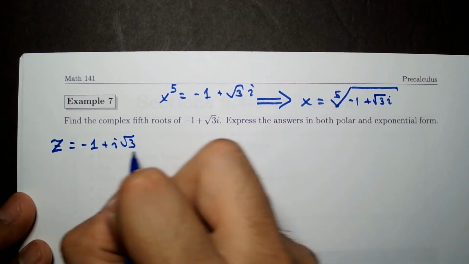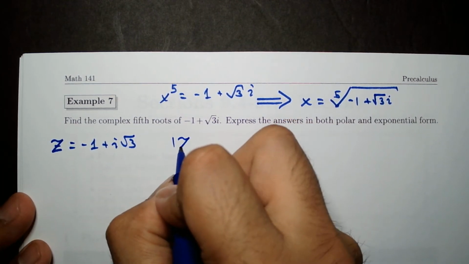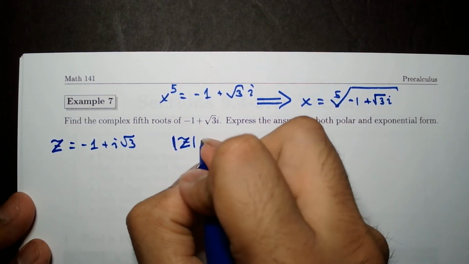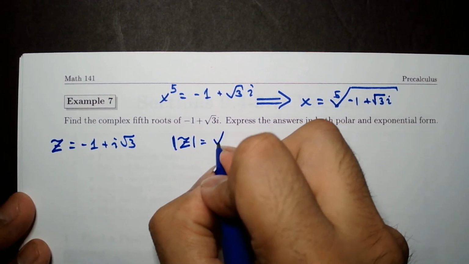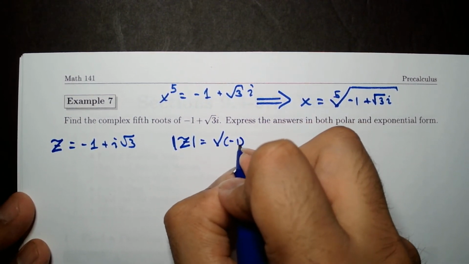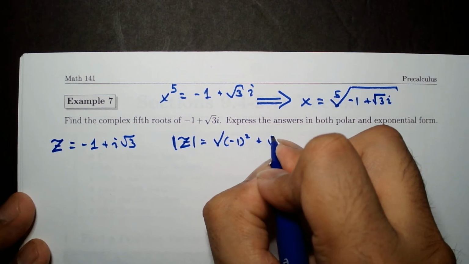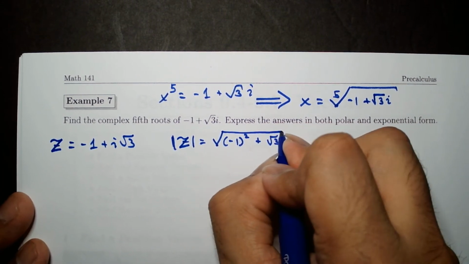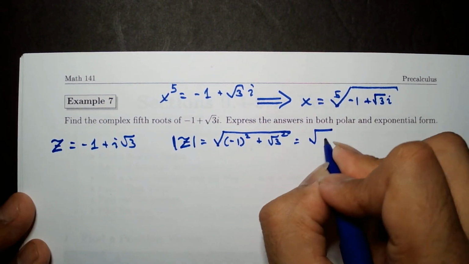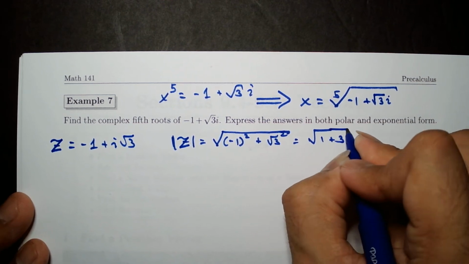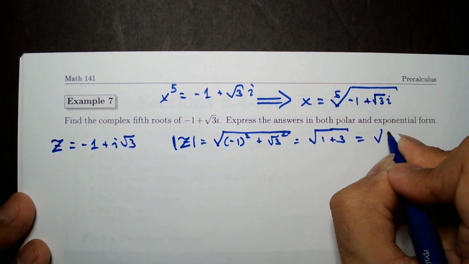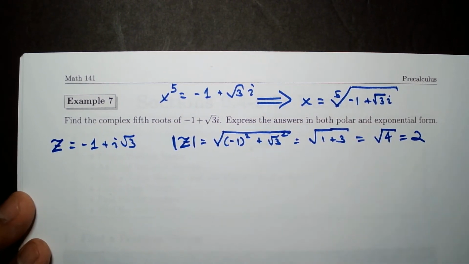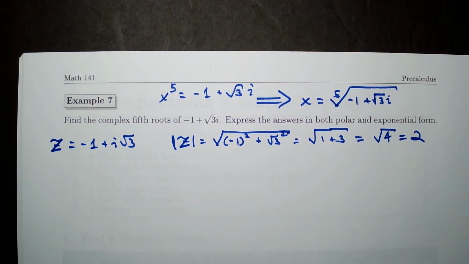All we need is to find the magnitude, or the modulus, of the complex number, which in this case is the square root of (-1) squared plus the square root of 3 squared. So that's 1 plus 3, which equals 4, and the square root of 4 is 2. So the modulus is 2.